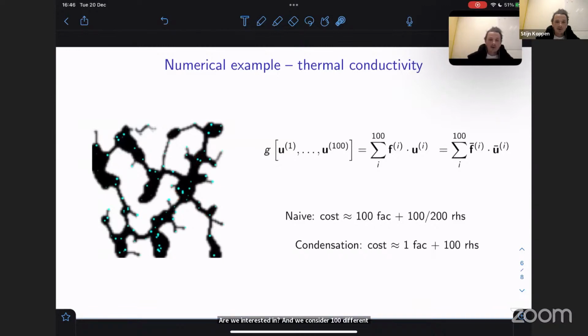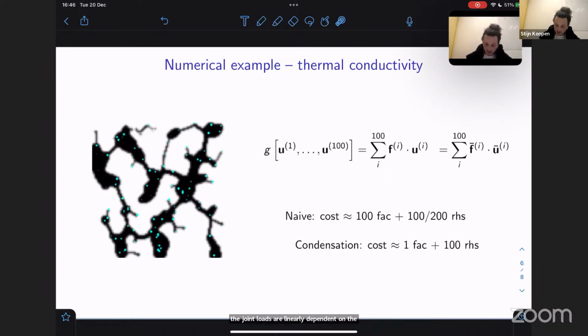For each loading condition, one of the points is a heat sink, so that is a prescribed state, and there's a load of random magnitude on all the other points. This means if you would solve this in a naive approach, you require 100 different partitions, and therefore 100 factorizations, as well as 100 or 200 right-hand sides, depending on whether you take into account the fact that the adjoint loads are linearly dependent on the forward loads.